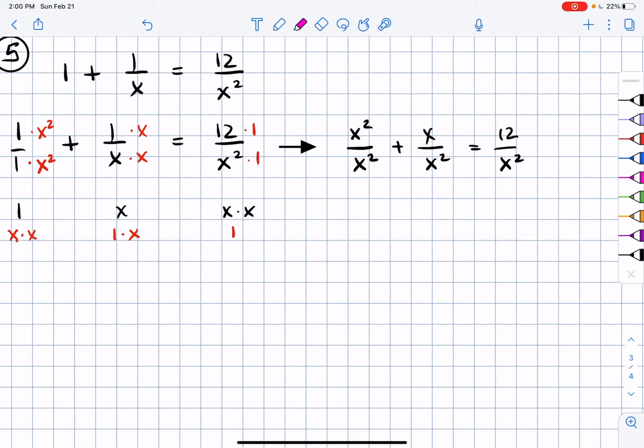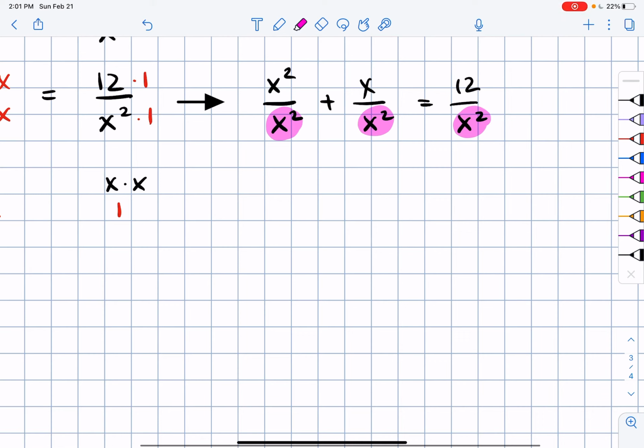Now notice that my denominators are now all the same. Since the denominators are all the same, that means the tops are all the same. So now I can write the equation x squared plus x is equal to 12. I know how to solve that.